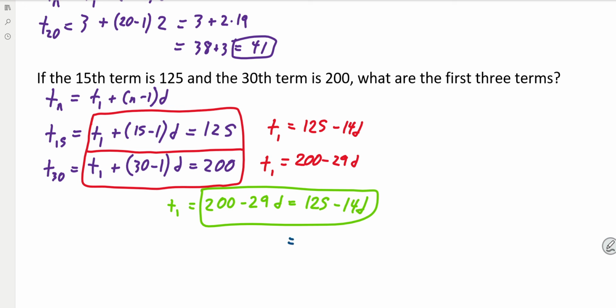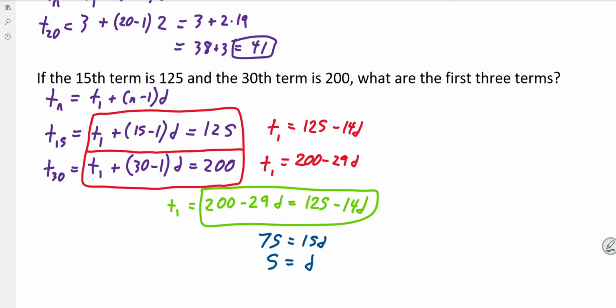So it would be 15D over here and 75 over here, which gives us D is 5. That's great, but it doesn't tell us any of the first three terms yet.